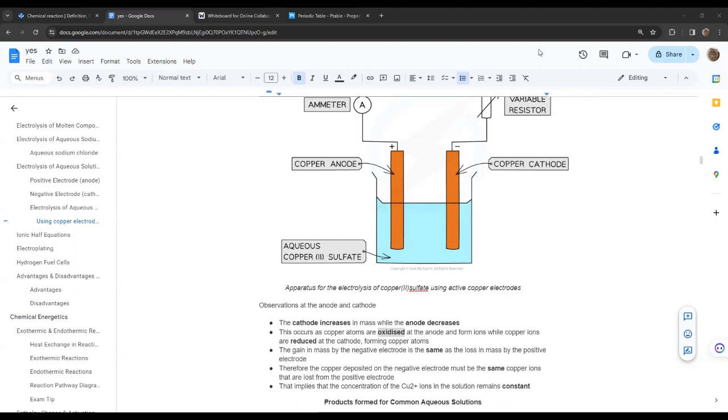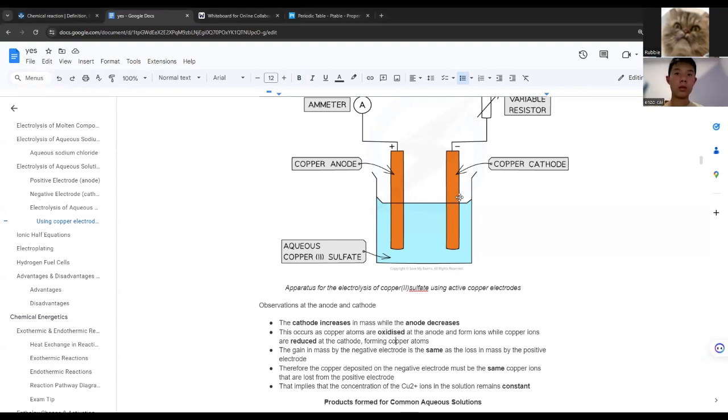Okay. So copper atoms are formed at the cathode because copper ions have a positive charge. The gain in mass by the negative electrode is the same as the loss in mass by the positive electrode.